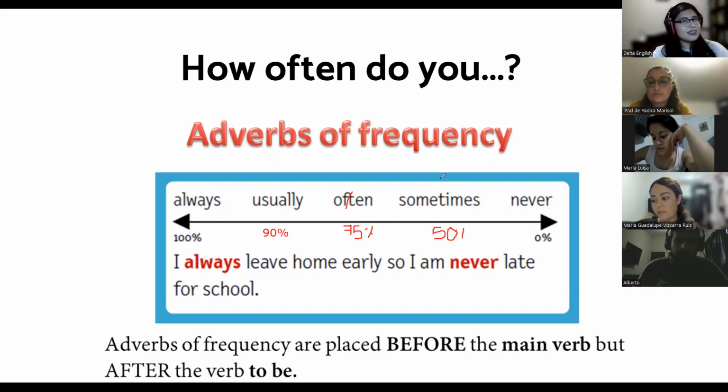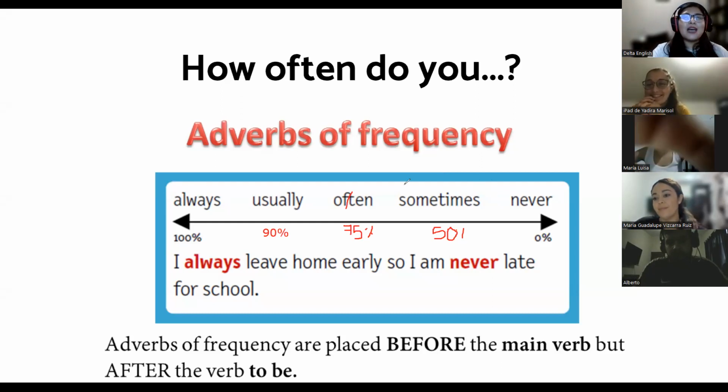A veces hago ejercicio en la mañana. Digamos que un día sí y un día no. O menos. A veces, una vez a la semana, se me ocurre. Empiezo el lunes con toda la energía y hago ejercicio en la mañana y nunca más lo hago. A veces. And then, after sometimes, let's go ahead and repeat. Sometimes.